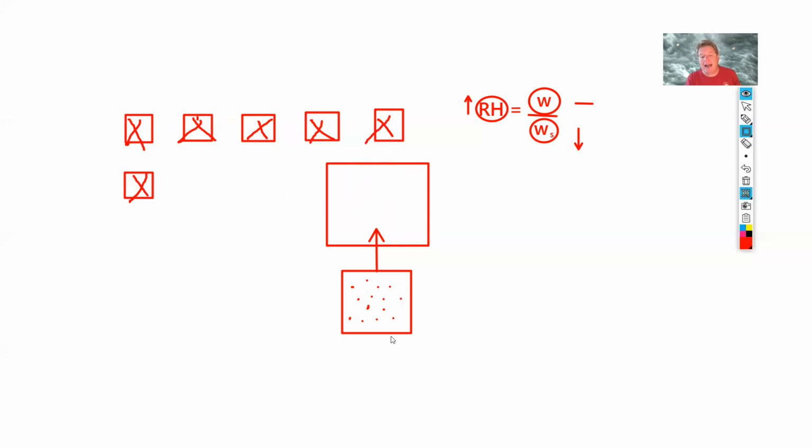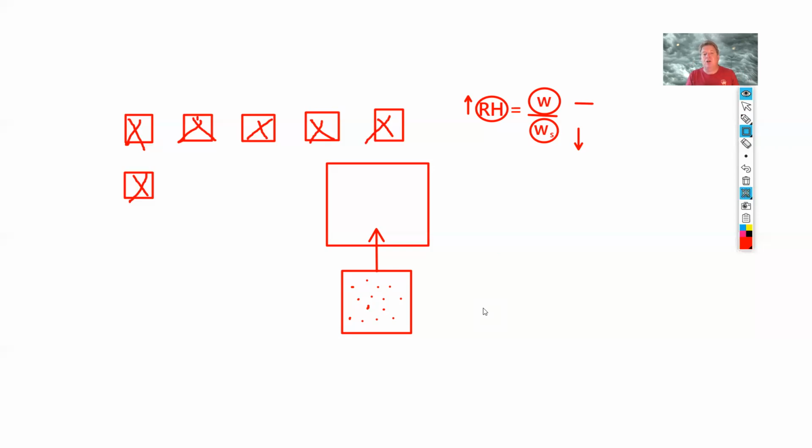Now eventually, let's imagine that to start with, I had 6 grams of vapor per kilogram of dry air in the box. But I could have had 10. What's my relative humidity? 6 out of 10, 60%. I lift the box, and now W, 6, there's still 6 grams of water vapor in there. I didn't take any out, put any in.